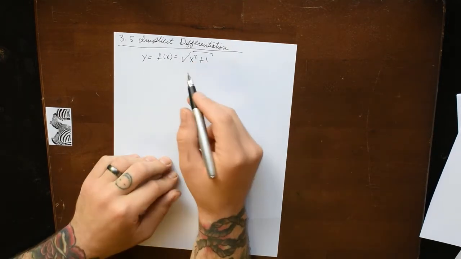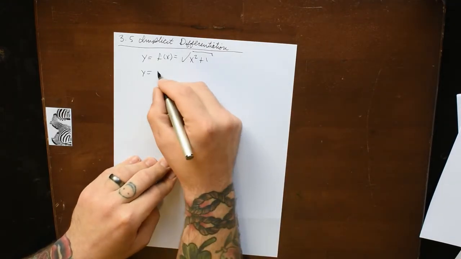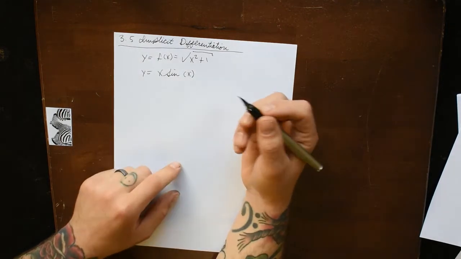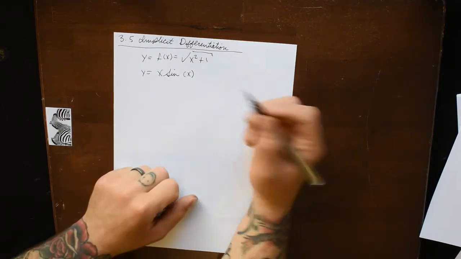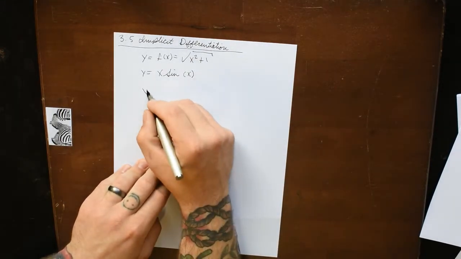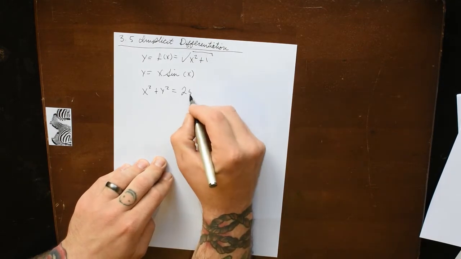Y is explicitly described. Or we could have, say, y is equal to x times the sine of x. But for some functions, y isn't explicitly defined. It's defined implicitly, kind of like x squared plus y squared is equal to 25.